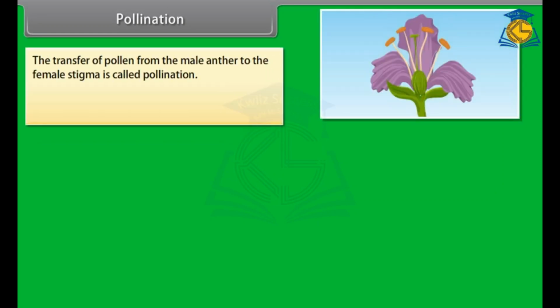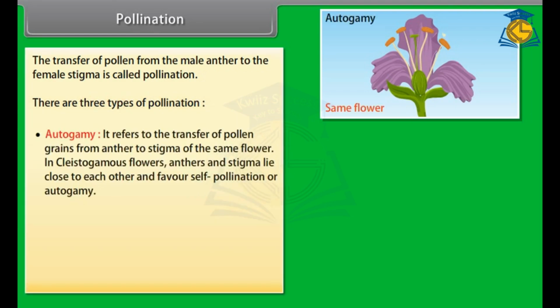Pollination. The transfer of pollen from the male anther to the female stigma is called pollination. There are 3 types of pollination. Autogamy. It refers to the transfer of pollen grains from anther to stigma of the same flower.